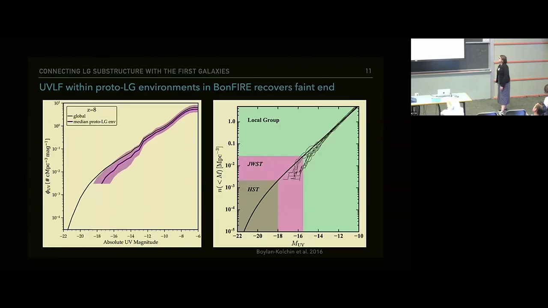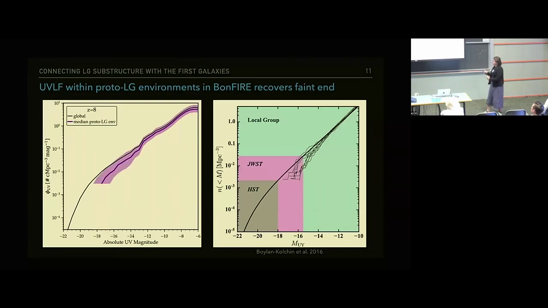This is pretty consistent with some estimates that Mike had made earlier, using abundance matching and dark matter only simulations of the local group in the past. It peels off right around the same area, around -14. So it's pretty convincing to me, at least, that we are safe to use the fossil record UV luminosity function in the local group to look at the very faintest ends of the global UV luminosity function.